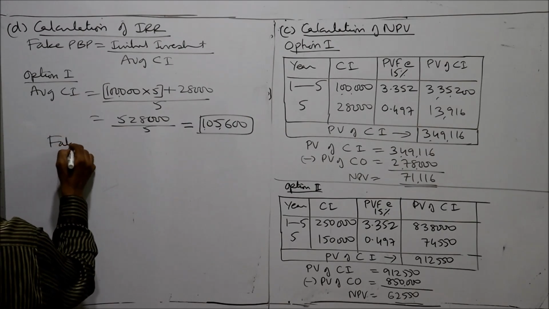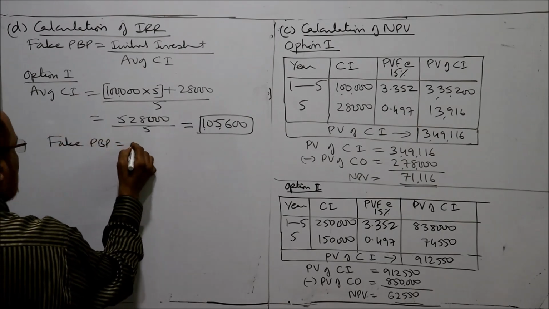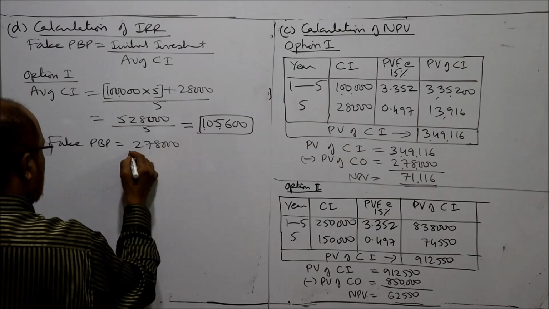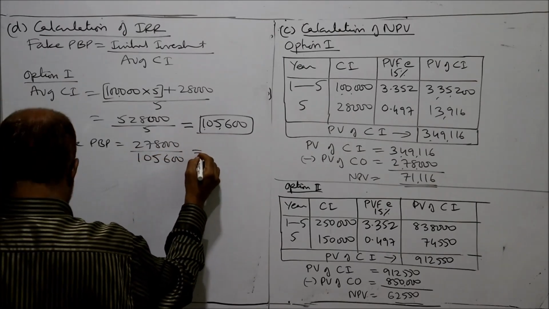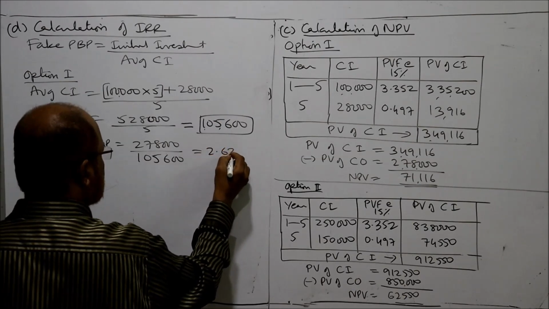Now fake PBP: 2,78,000 initial investment divided by 1,05,600. You will get 2.633.